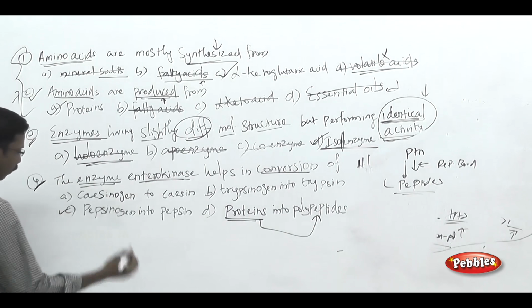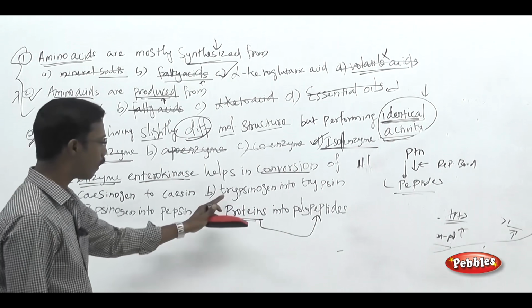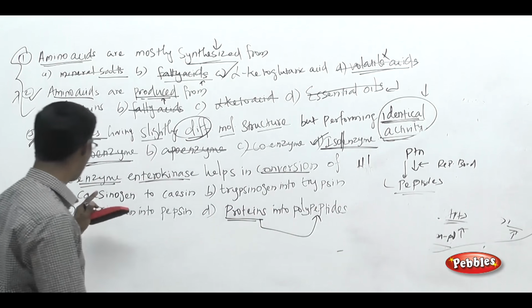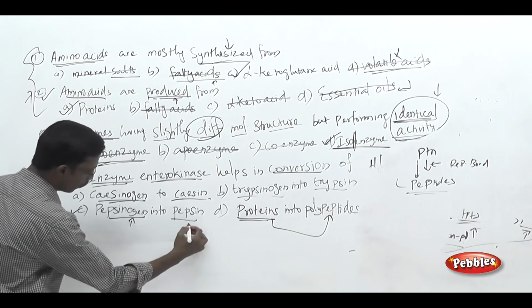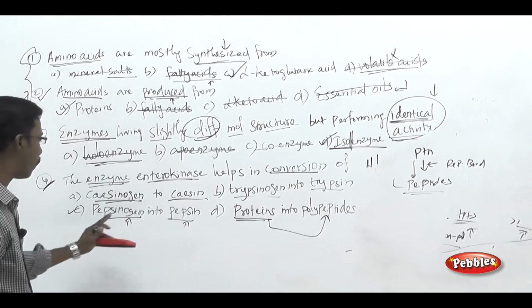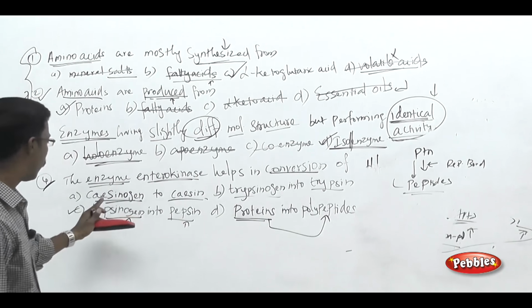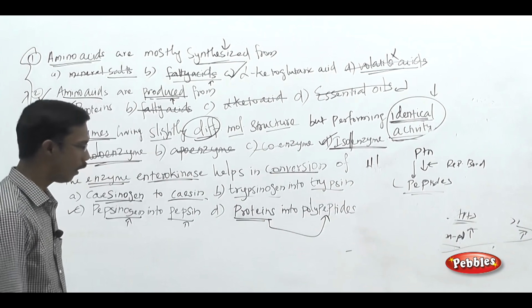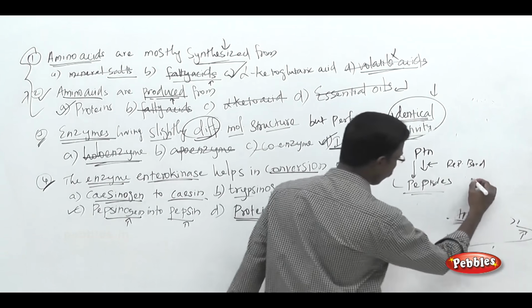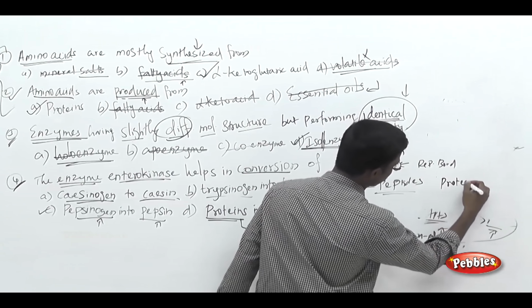See the next choice. Pepsinogen into pepsin, trypsinogen into trypsin, caseinogen into casein. The thing you have to remember here is the change from the inactive form to the active form. All are related with one common thing, proteases.